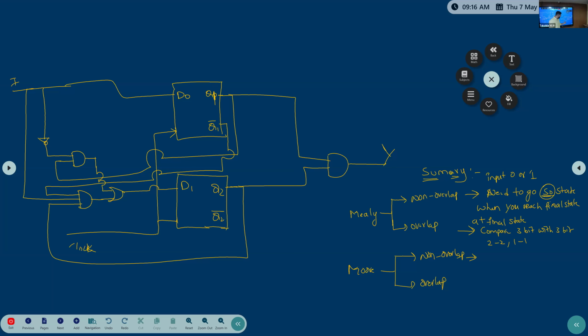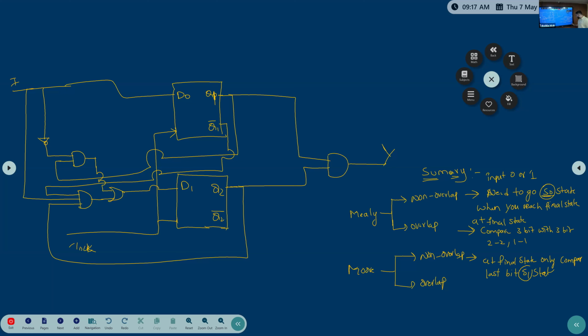Clear? So next, the non-overlapping case. In this, what happened? At the final state, only compare the last bit with the S1 state.